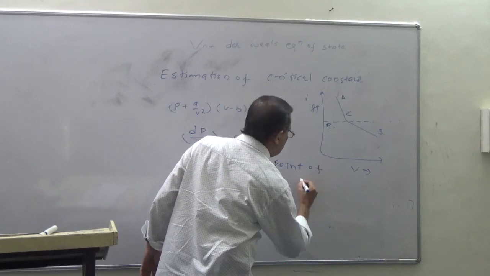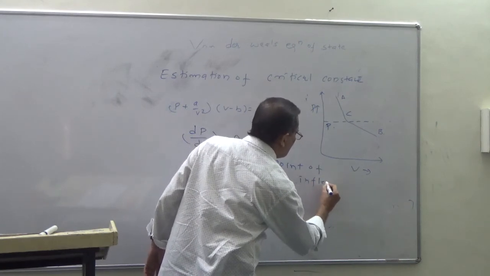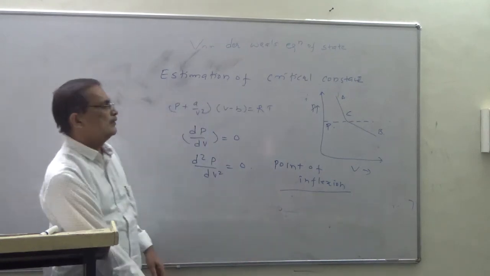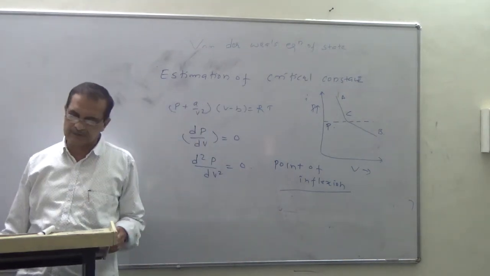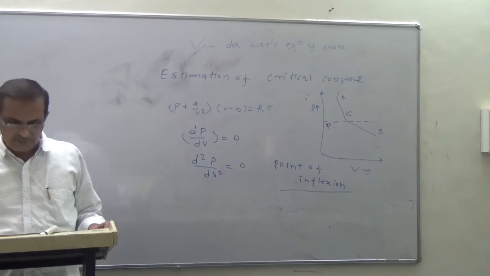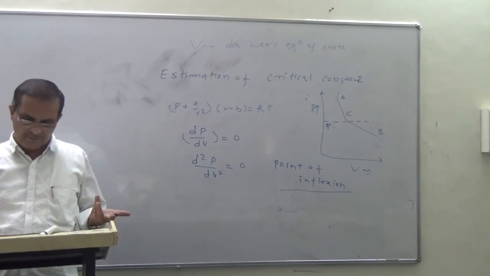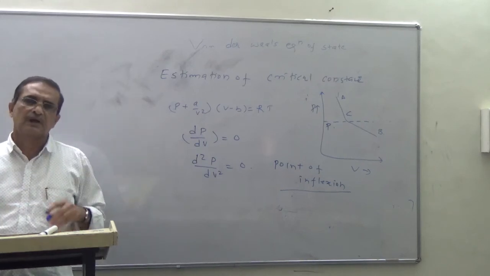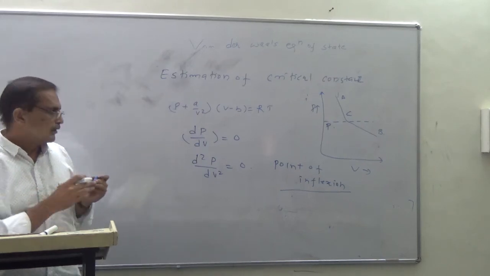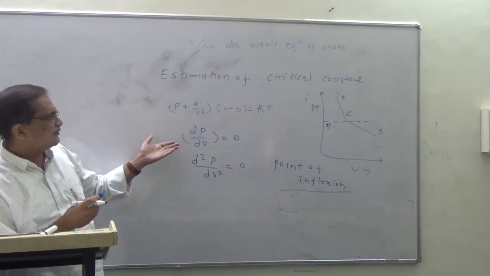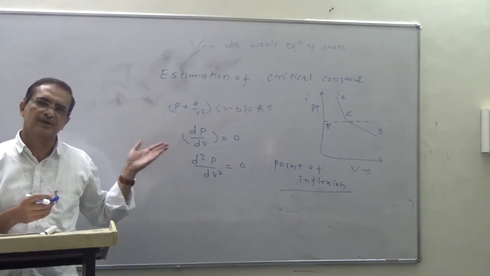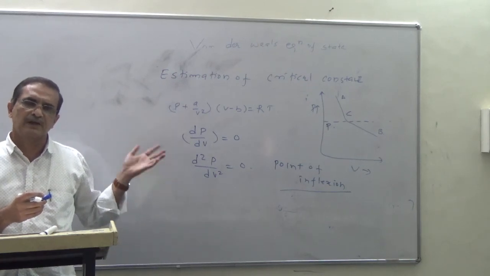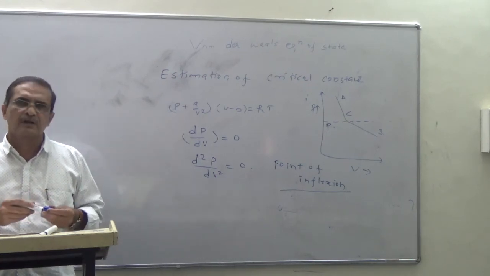In the next lecture we will use the conditions dP/dV = 0 and d²P/dV² = 0 to find the values of a and b.